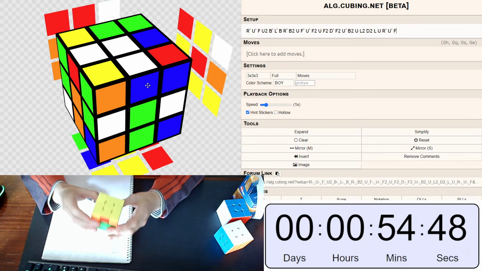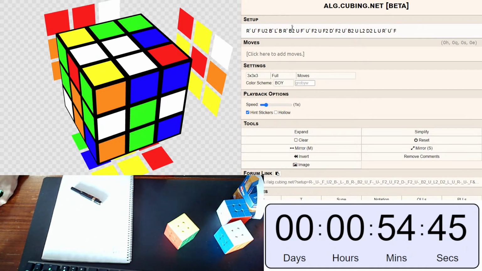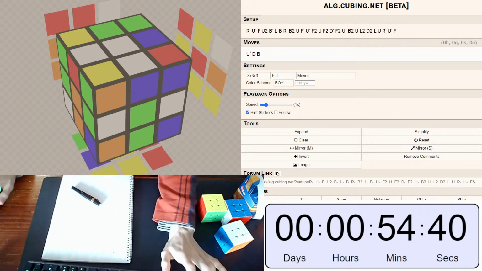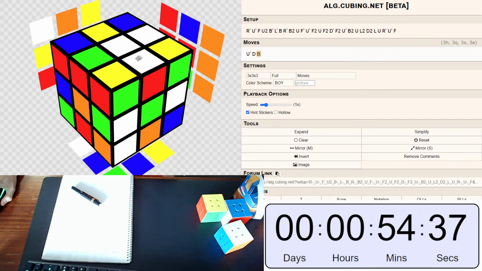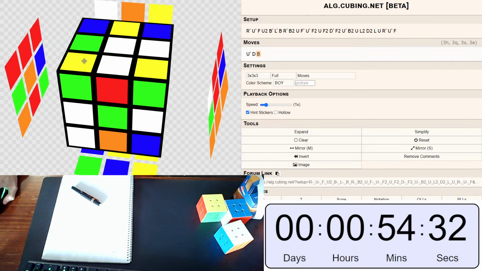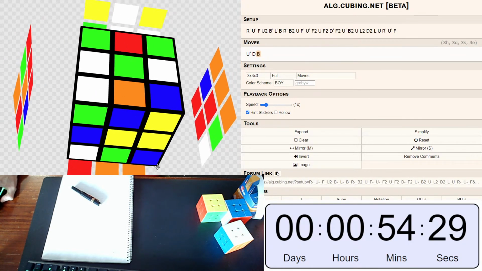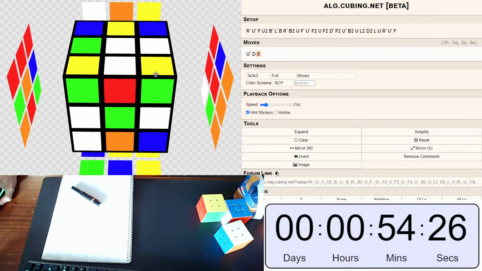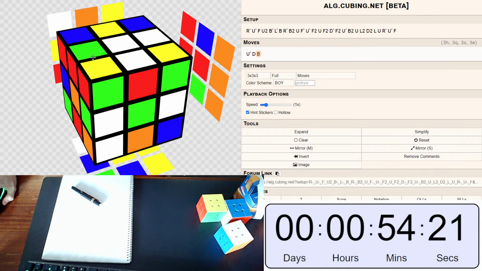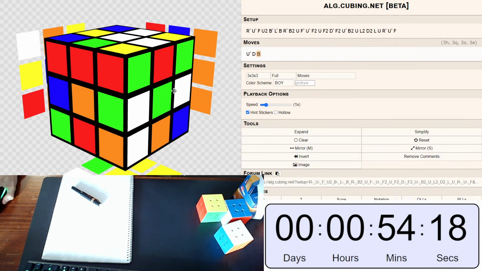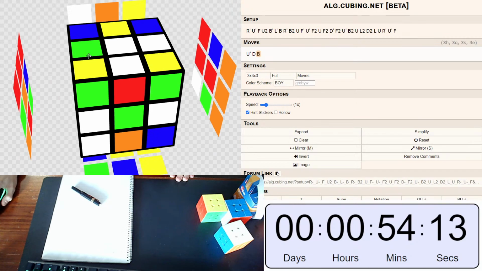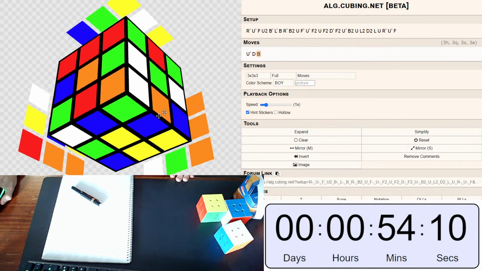So what I'm looking for is the number of edges that are not in a domino reduction state. So if I put U' D B here, I'm looking for corners that are not oriented, so don't have yellow or white on top or bottom. So 1, 2, 3, 4 good corners means 4 bad corners. And edges, E layer edges, I'm not looking at the E slice, I'm just looking at the E layer edges that are in the U or D layers. So 1, 2, 3, 4.